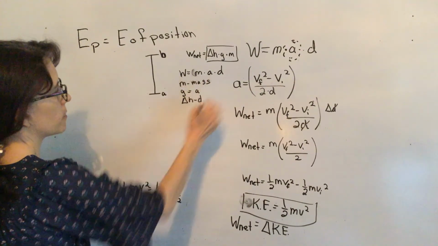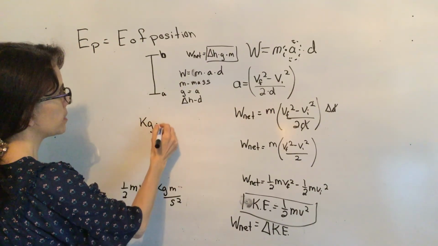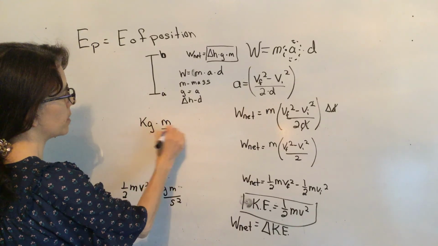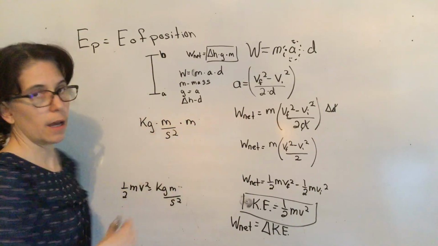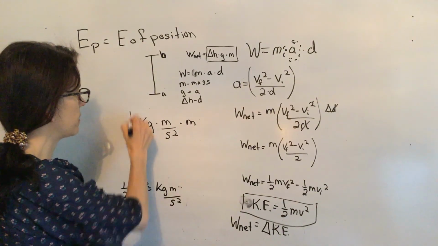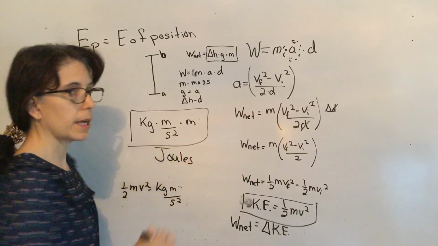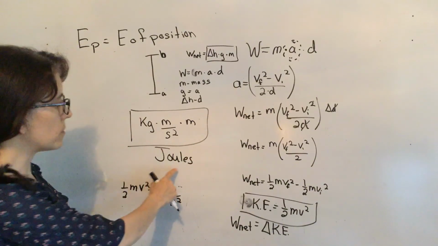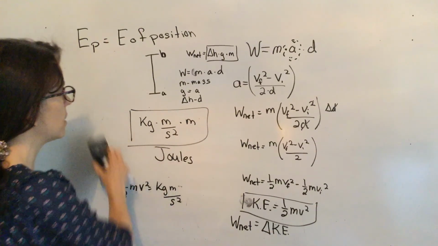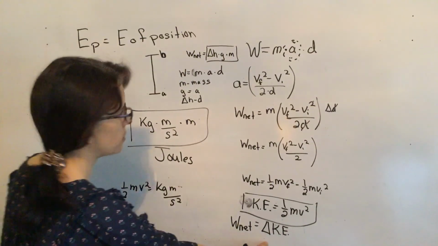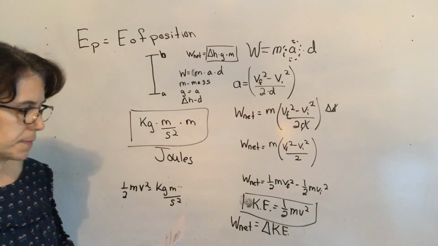So if these are all the same, then we still have mass in kilograms, acceleration in meters per second squared, and distance in meters, so we still have our units that we need for joules. You can see that joules relates to work, but it's also the same unit for energy, whether it be kinetic energy over here or potential energy in that expression.